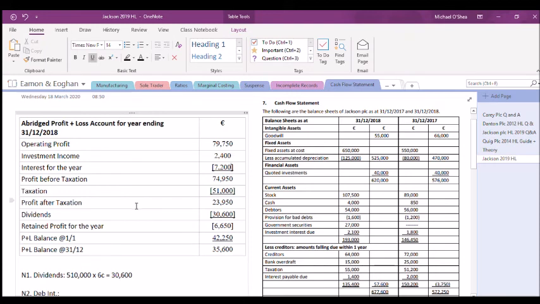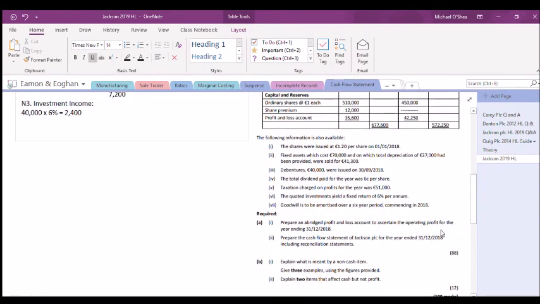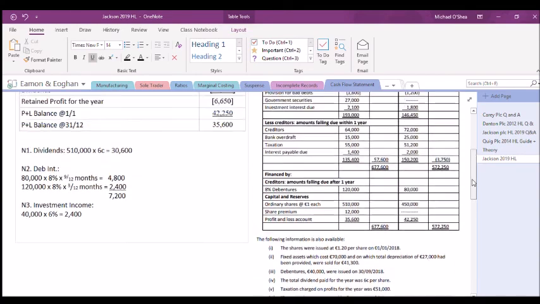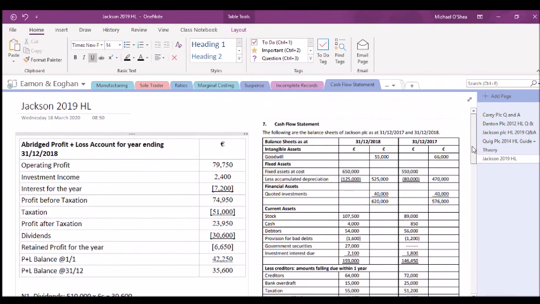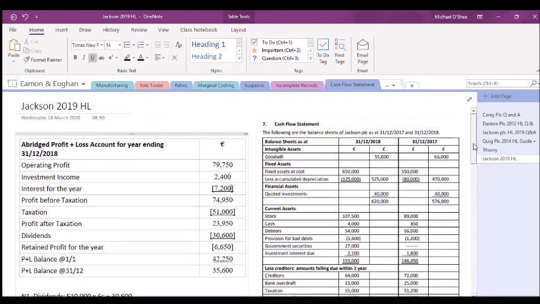Providing you learn the format, and providing you double check your answers by working down at the end, then it's very easy to get, and this is generally worth about 20 marks. They don't tell us the breakdown here, but it's generally worth about 20% of the paper, of the cash flow question. So for very little notes, generally they can be an easy 20% of the question to pick up.